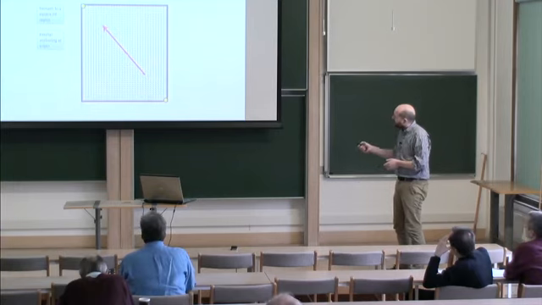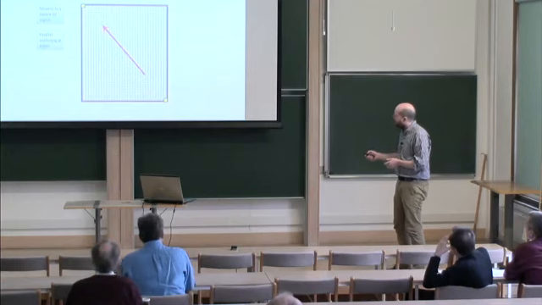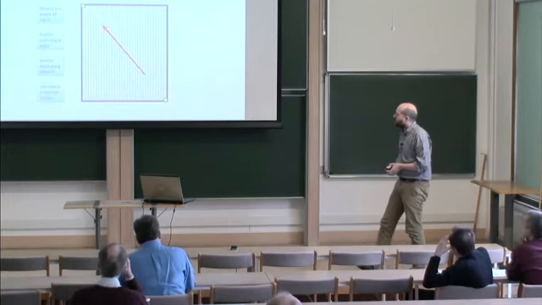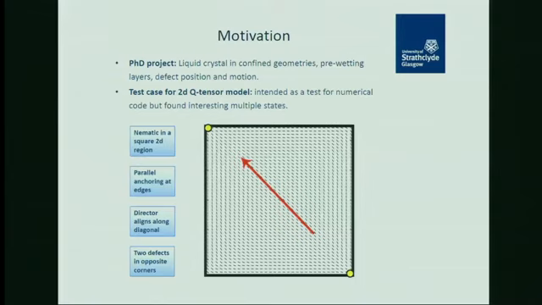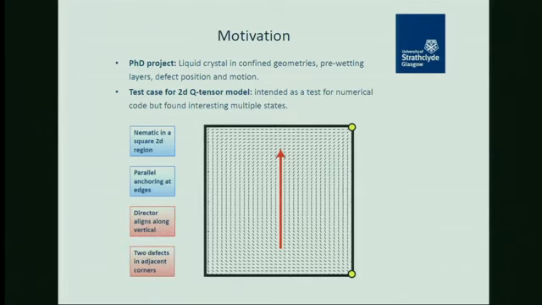In one case, we got this system where the director lies diagonal across from corner to corner. And we got, effectively, I'll talk about these in a bit, two defects, one at each of the opposite corners here. And another possibility was the director lies roughly vertical. In the majority of my square region, my director's lying vertical in this sense.